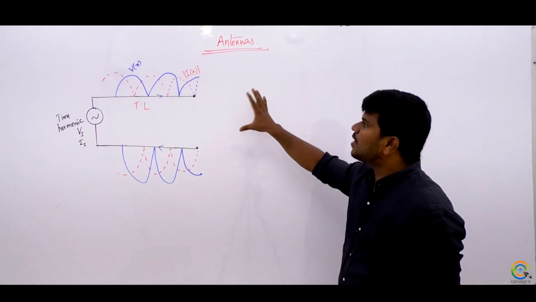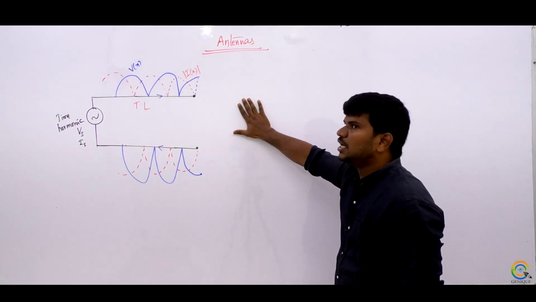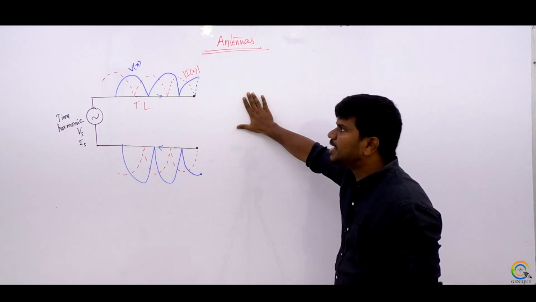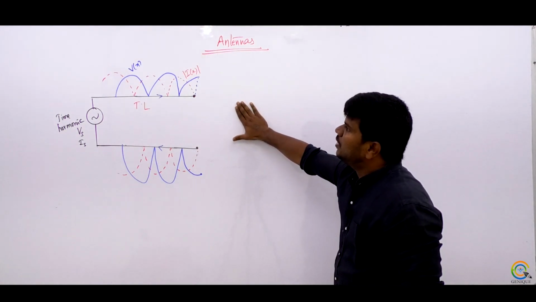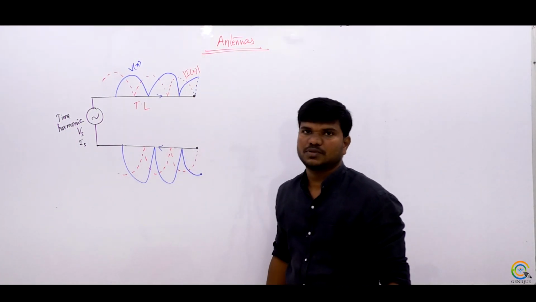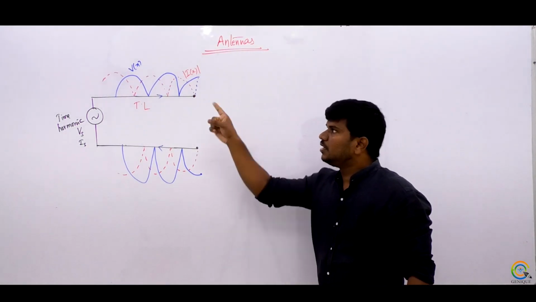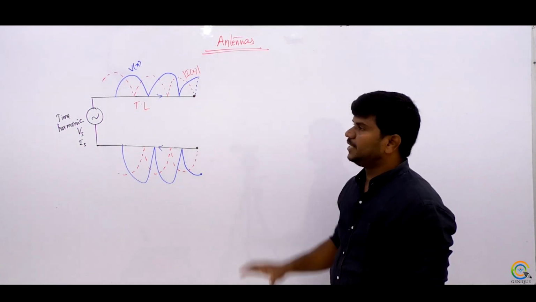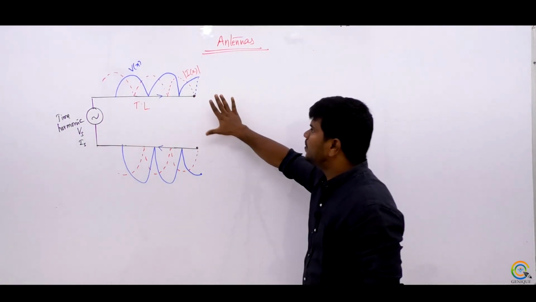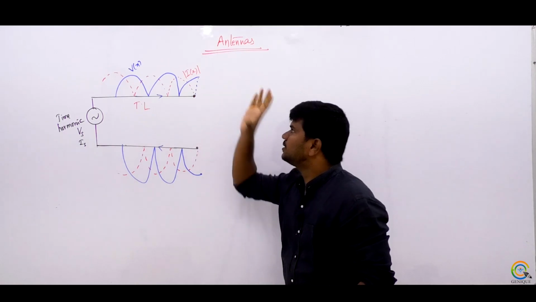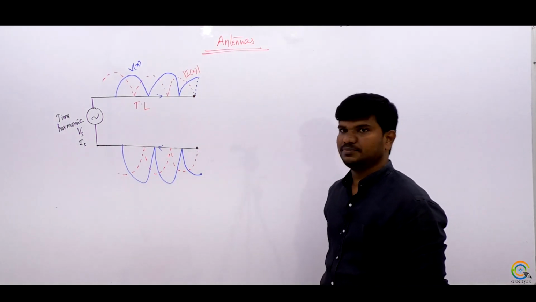How EM waves are generated we have already seen in the waveguides and uniform plane waves, but here, because of the voltages and currents in the form of standing waves, EM waves will be generated around this transmission line.